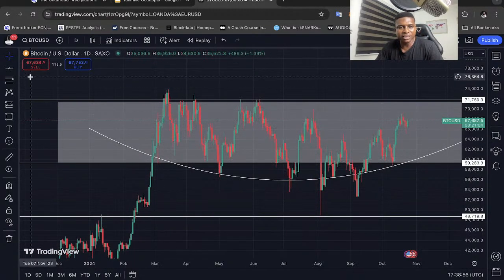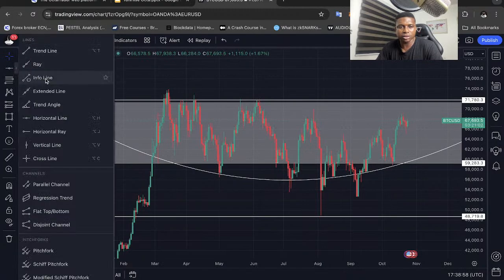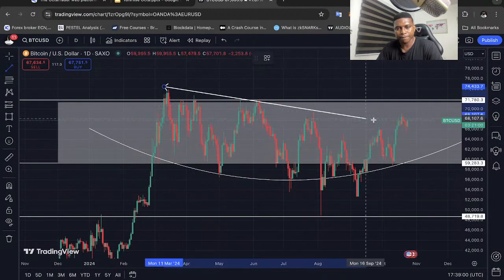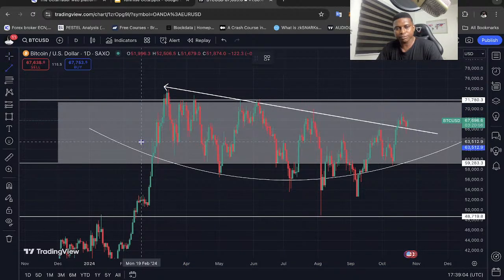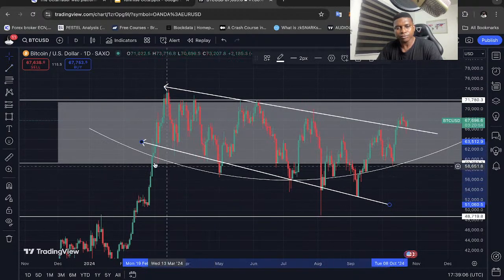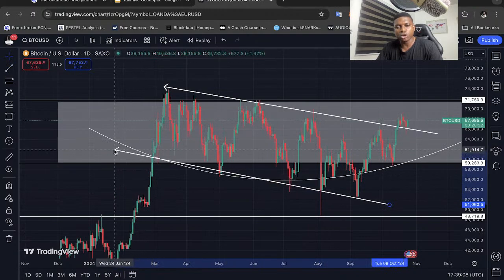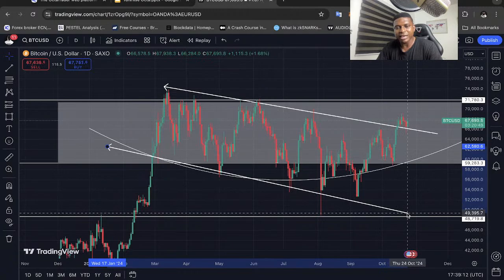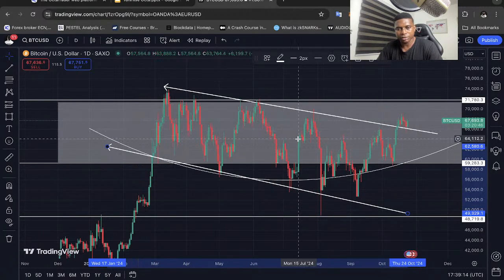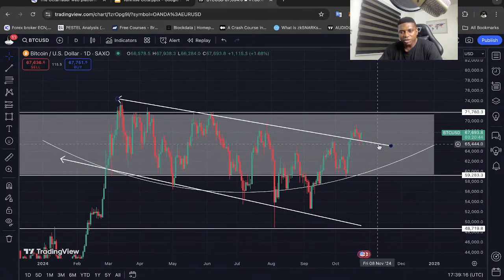Now, interesting thing is, let's check this out. Now, when you look at this, it just clearly shows that BTC broke out of a downward trend. Okay, BTC currently broke out of a downward trend.